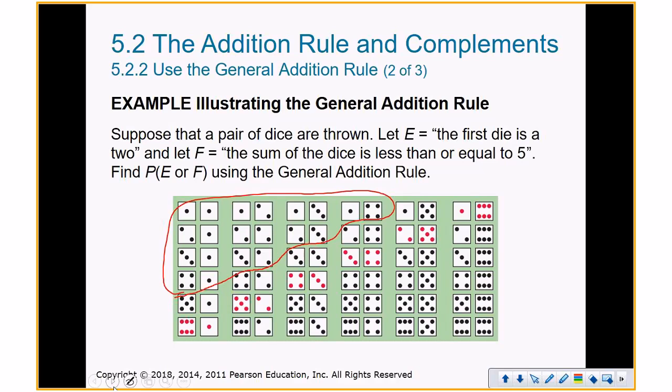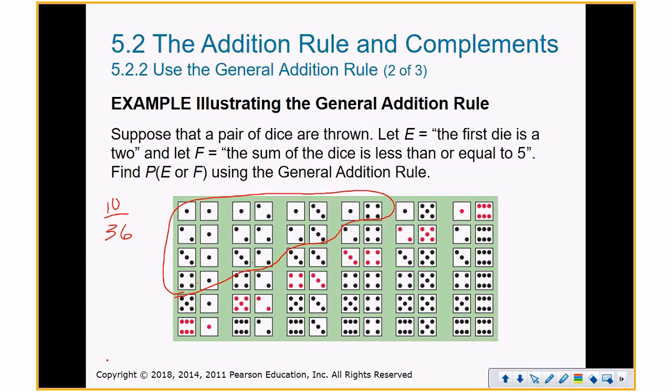Somebody check me and make sure I'm right. I don't see any more. How many is that? 1, 2, 3, 4, 5, 6, 7, 8, 9, 10. 10 out of what? 1, 2, 3, 4, 5, 6, and 1, 2, 3, 4, 5, 6. 36? So that'd be 10 out of 36. But you have to find them.